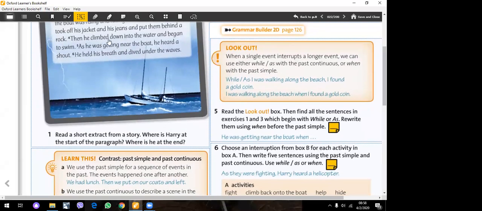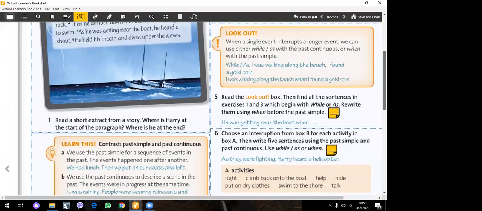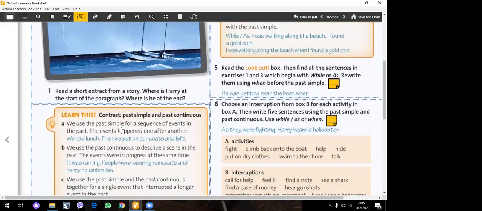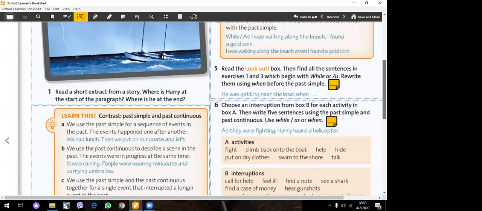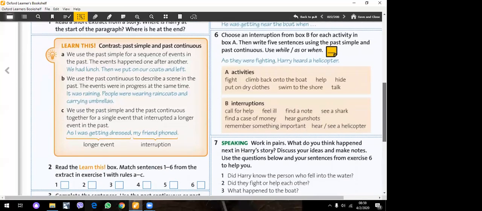He was climbing, right? But we use climbed. We use ed. It means the answer is not B. The answer is A. We use past simple for a sequence of events in the past, the finished action. Okay, the answer to four is A. Yes.